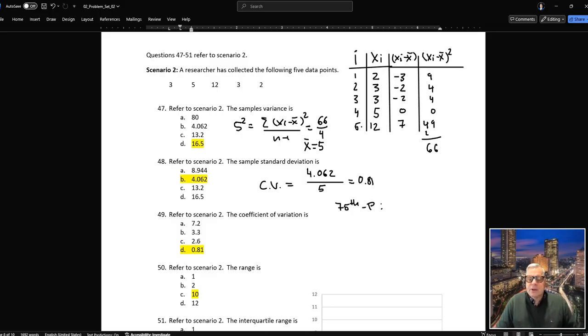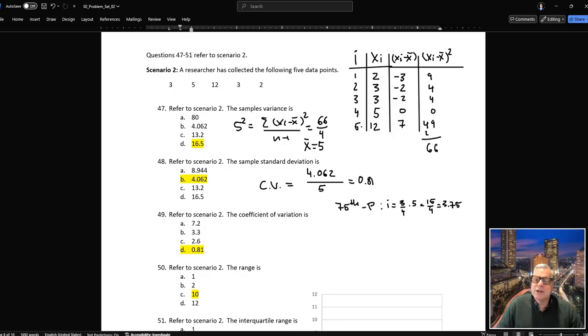Okay, so what value do we need? So we take the index number 0.75 times 5. So 0.75 times 5, that is 3 over 4 times 5, which is 15 over 4, or 3.75.